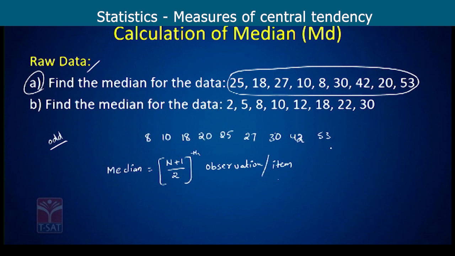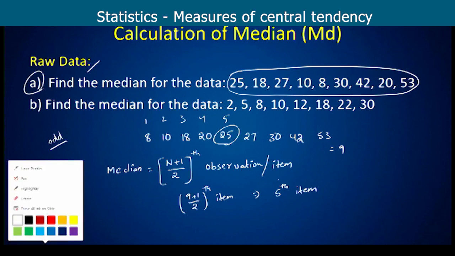The number of observations. Here it is 9. So 9 plus 1 by 2, the fifth item. That is 1, 2, 3, 4 and the fifth item, which is 25. That is the median. That's how we calculate when there is an odd number of observations.